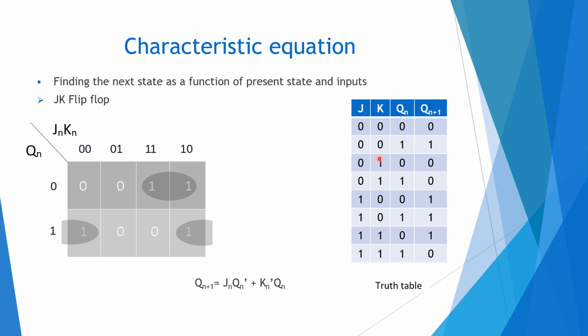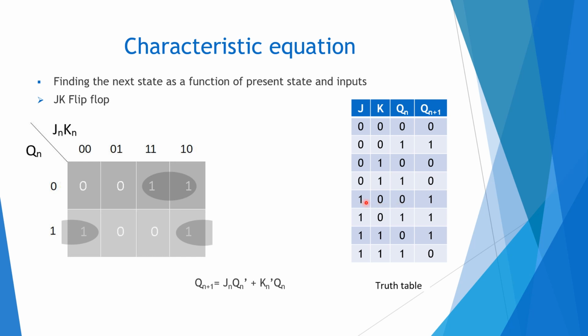This is the truth table. When J and K equal 0 and Qn equals 0, there is no change, so Qn plus 1 will be 0. When J and K equal 0 and Qn is 1, there is no change again, so Qn plus 1 is 1. When it is 0 1, this is reset.